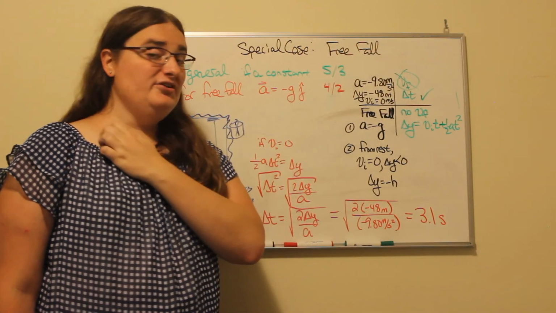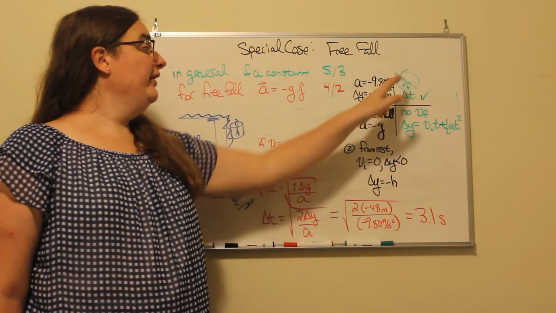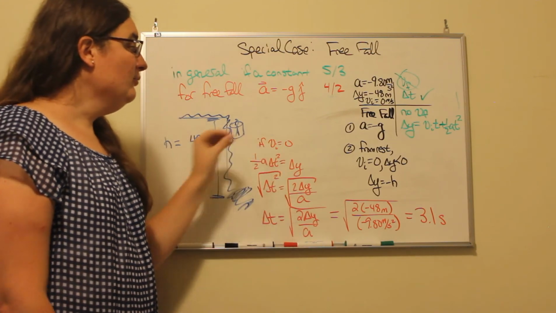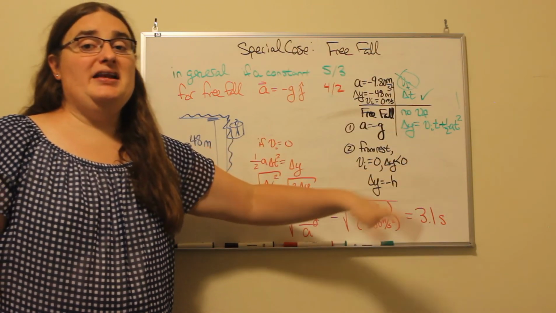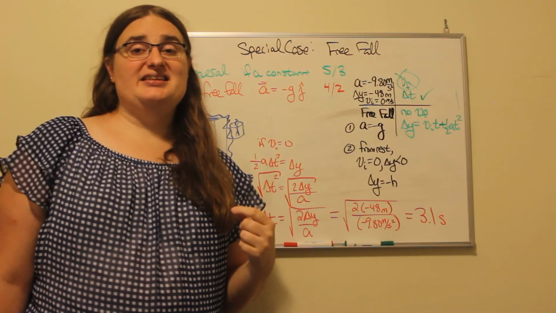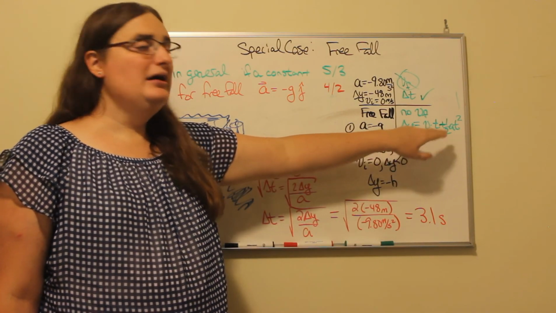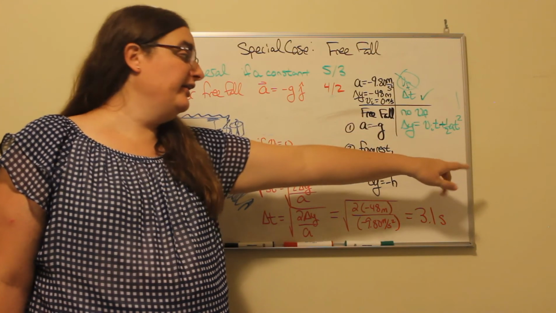So I want to find the equation where we don't need the final velocity. That was the third equation from when I talked about kinematics using algebra: without final velocity, our displacement is our initial velocity times time plus 1/2 times the acceleration times time squared.